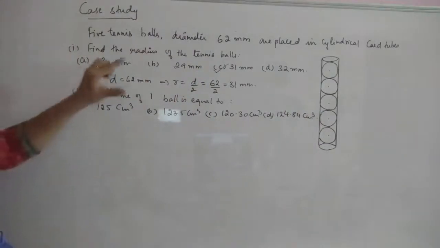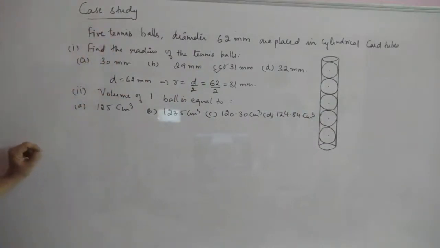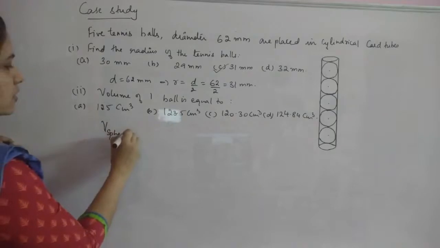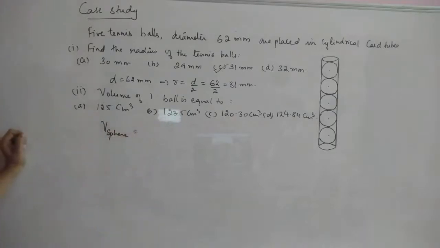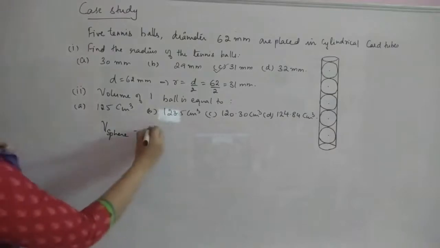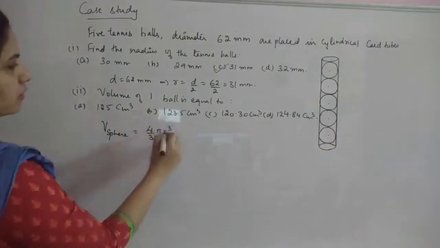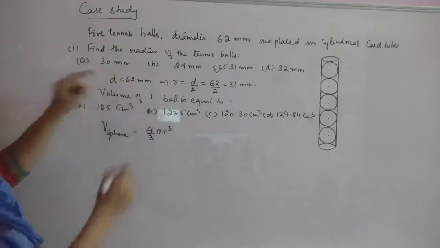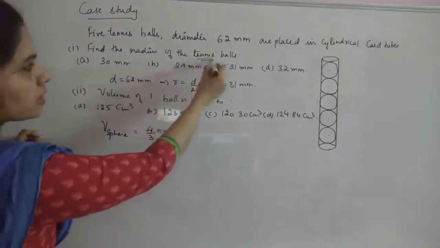How will you find it? This is in which shape? The ball is a tennis ball, so it is in spherical shape, and the volume of a sphere is what? Volume of a sphere is 4 by 3 pi r cube. Here r is the radius of one tennis ball, which you have already found out.